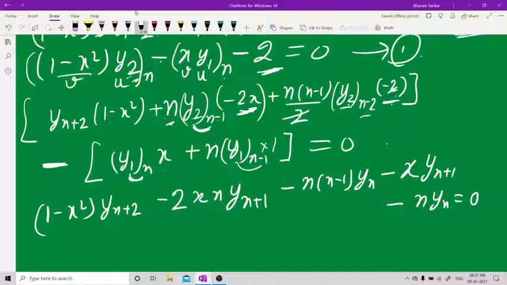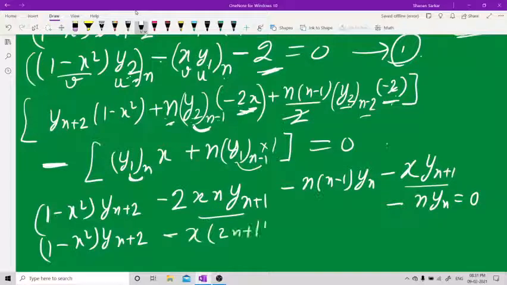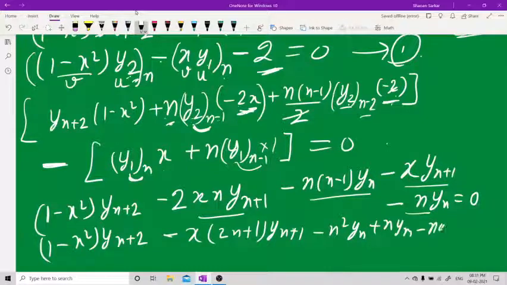Understood? Now you have 1 minus x squared y_(n+2). Now this and this term, you can take x common, and then 2n plus 1 y_(n+1). Now open up this bracket, minus n squared y_n plus n y_n, and this is minus n y_n, equal to 0. They cancel out each other.